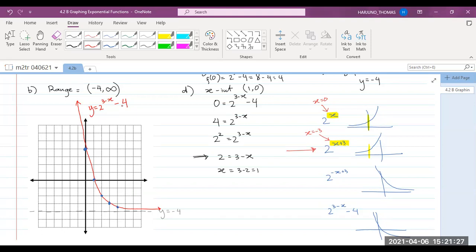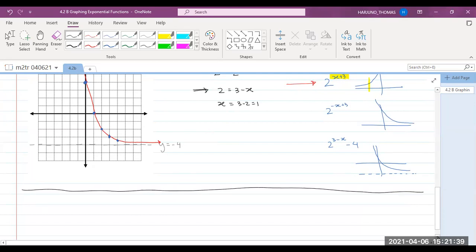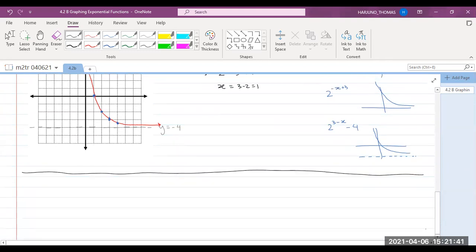Now let's graph a bigger one, and after that, I will graph the strange one. Something big in the sense that the base is not 2, let's say number 20.